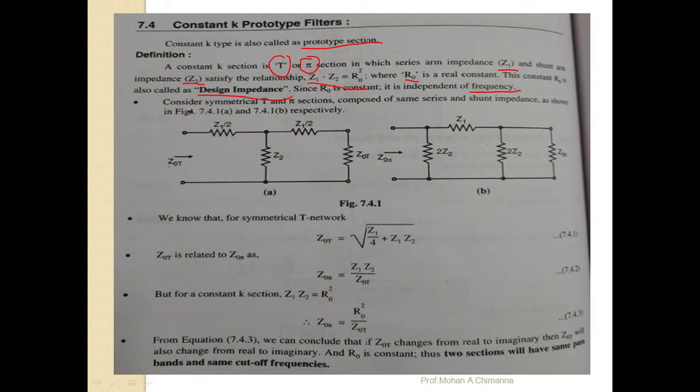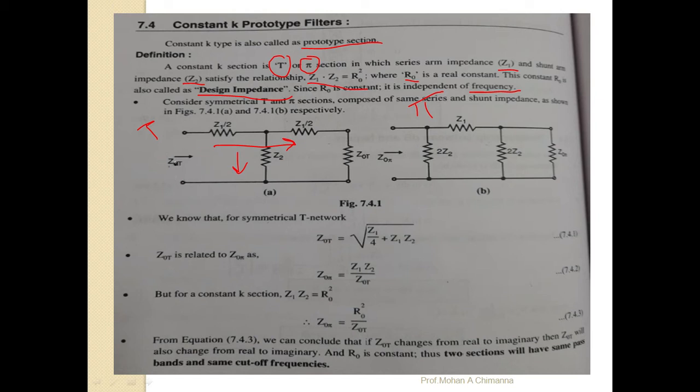Consider symmetrical T and pi sections composed of the same series and shunt impedance. This is the series arm and this is the shunt arm. This is represented for the T section, and here the pi section. In the T section, Z1 by 2 and Z1 by 2 are the series arm impedances and the shunt arm impedance is Z2.